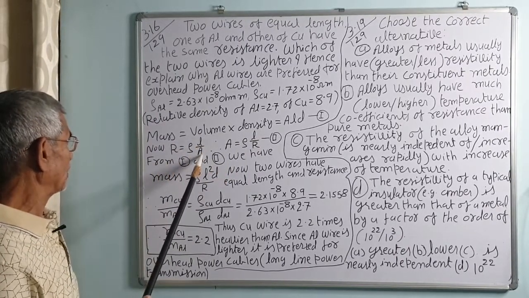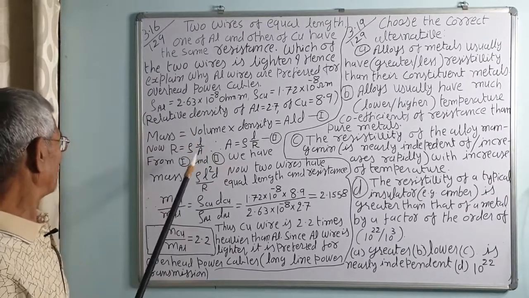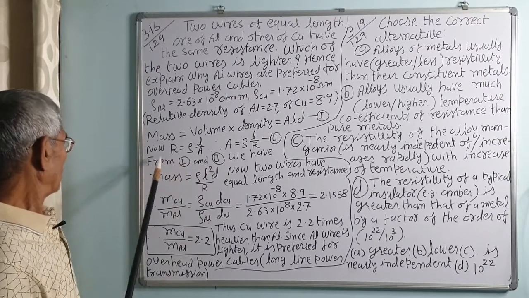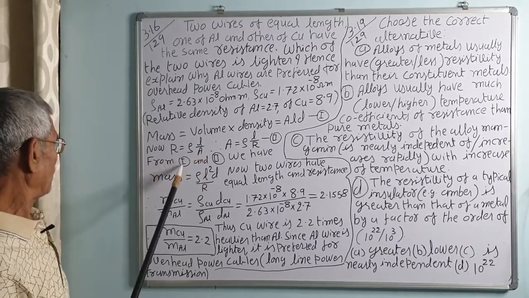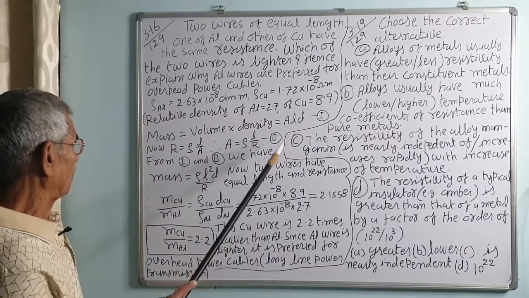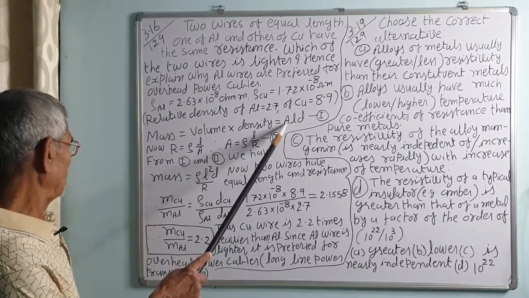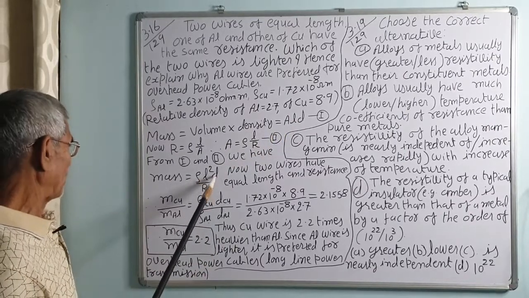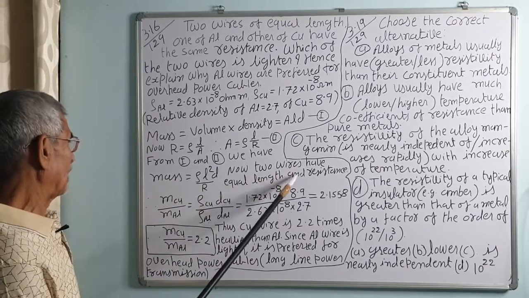L is the length, A is the area, R is the resistance, and rho is the specific resistance or resistivity, that is resistance per unit length per unit cross section area. From equation 1 and 2, put the value of A in this equation. So, it will be rho L square D upon R. Now, two wires have equal length and resistance.